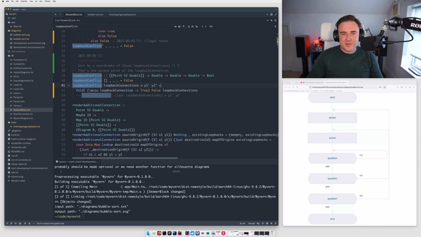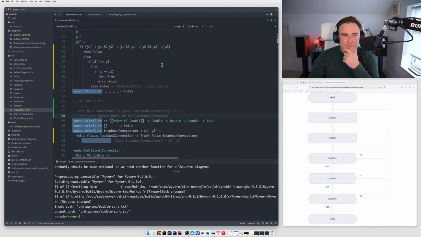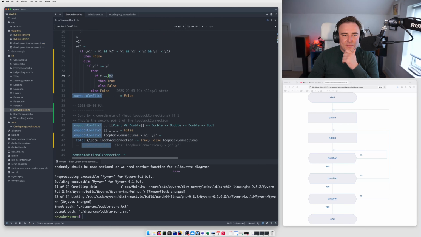I think they are going to be sorted automatically, because if there is a collision, it means that x's are equal.